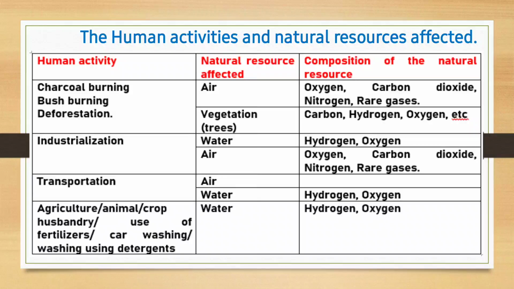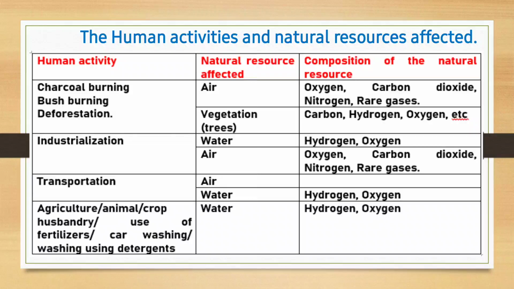Air is composed of oxygen, carbon dioxide, nitrogen, rare gases. And the other one is vegetation or the trees. We have carbon, hydrogen, oxygen, though vegetation has got several components, for example magnesium, sulfur, and nitrogen also. So you can just mention the first key, that's carbon, hydrogen, and oxygen.